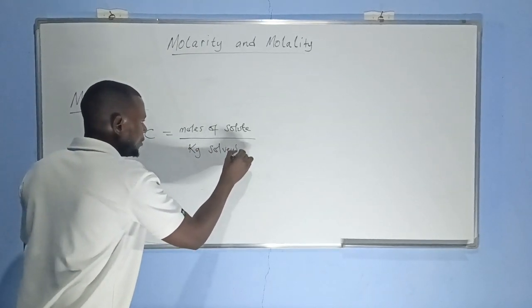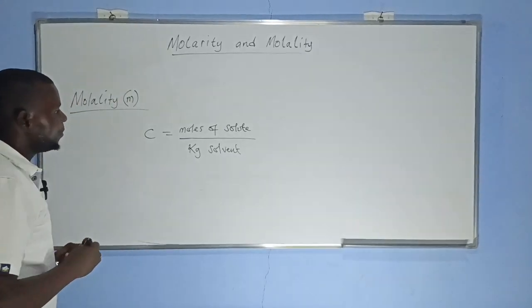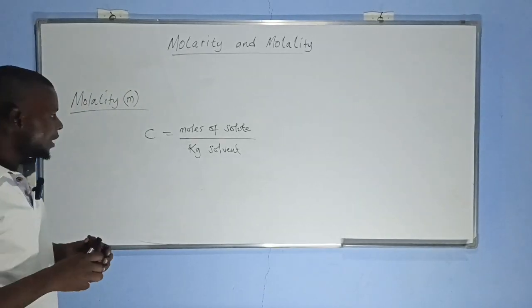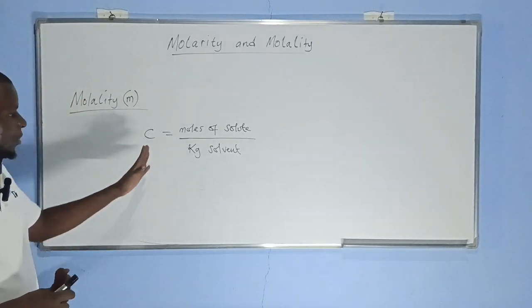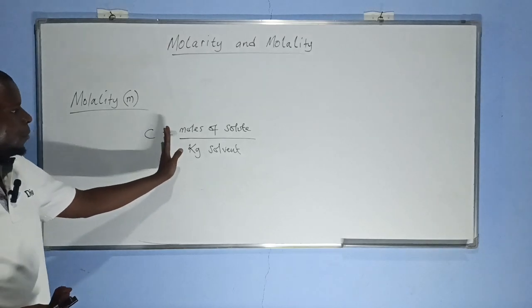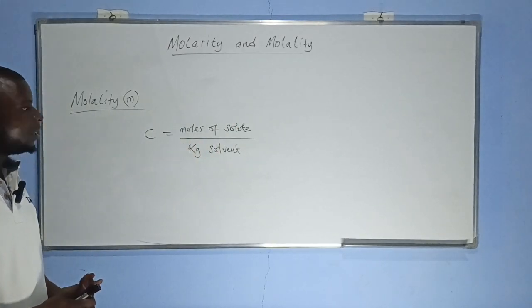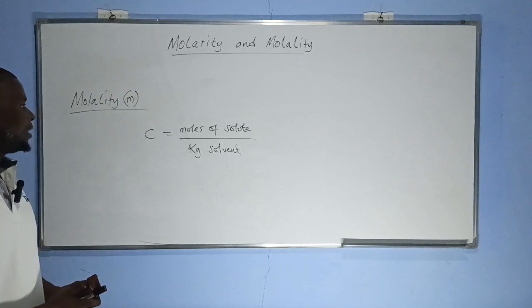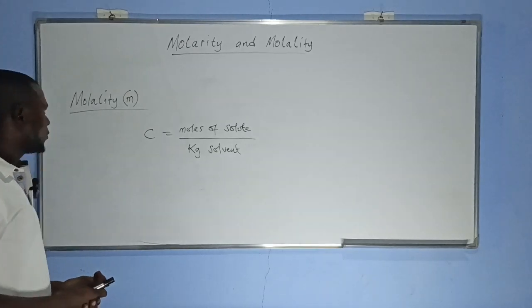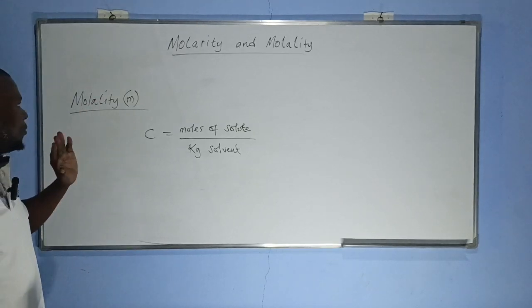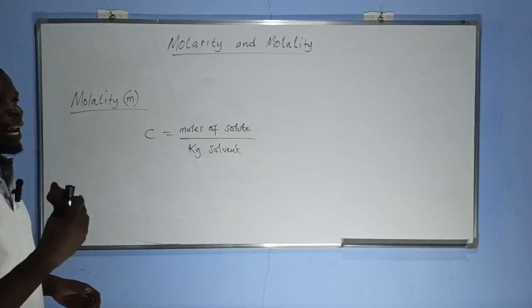Remember there, we're talking about moles of solute per liter of solution. In this case, it's no longer the same. We're talking about concentration in terms of moles of solute per kgs of solvent. So this is the difference between those two. This one has got an L, making it sound molality.